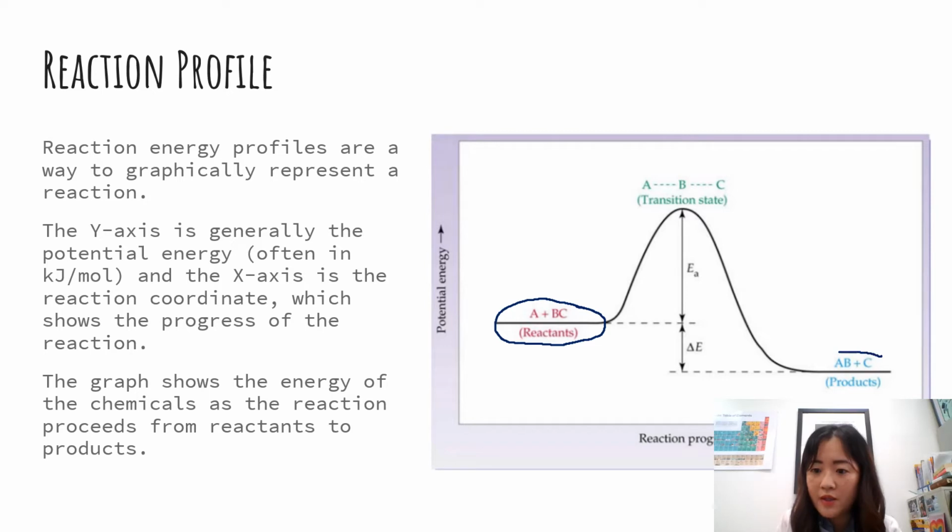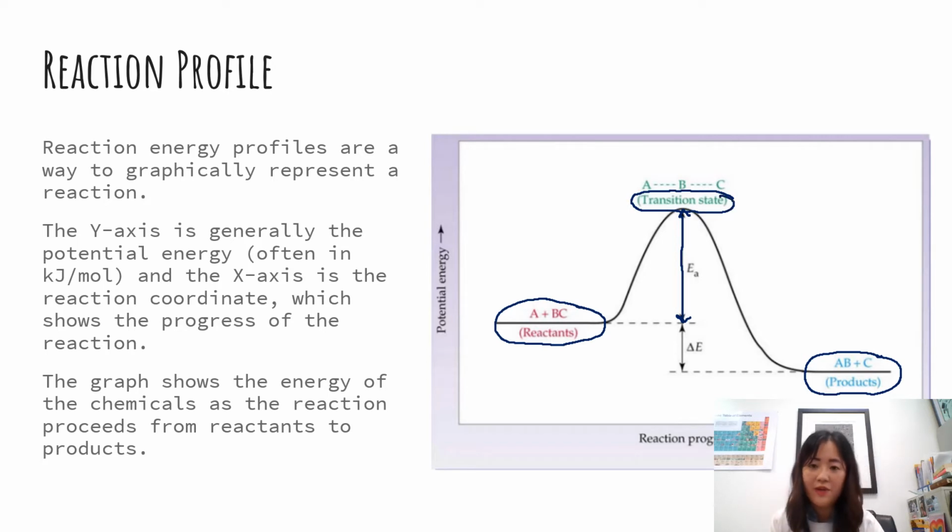The products are over on the right side, and you can see there's this little hump that has to be overcome for the reactants to turn into products. We call this part our transition state. If you're looking at this reaction of A plus BC, on the product side it looks like AB are forming a bond and C is left by itself.